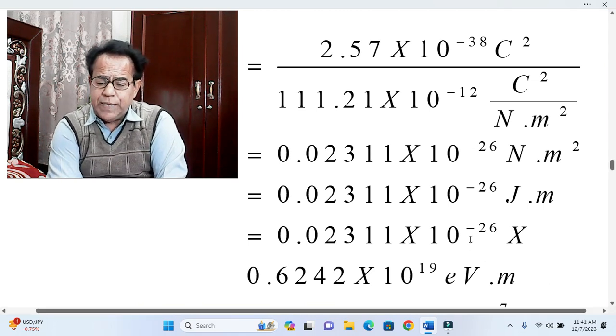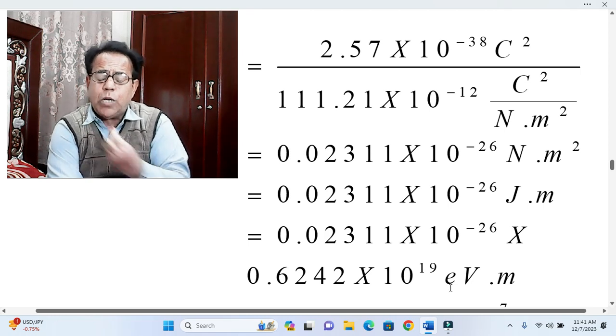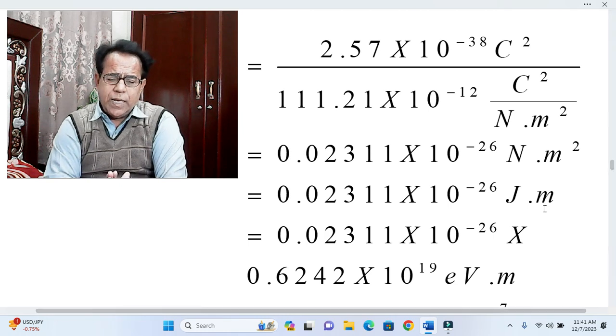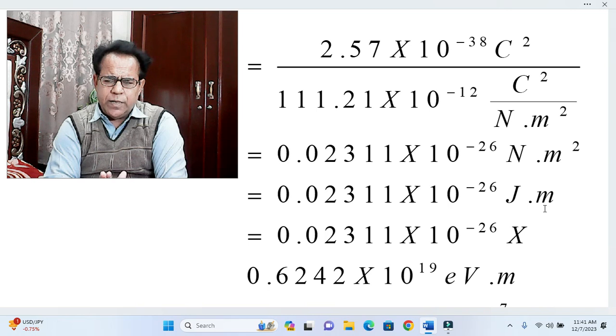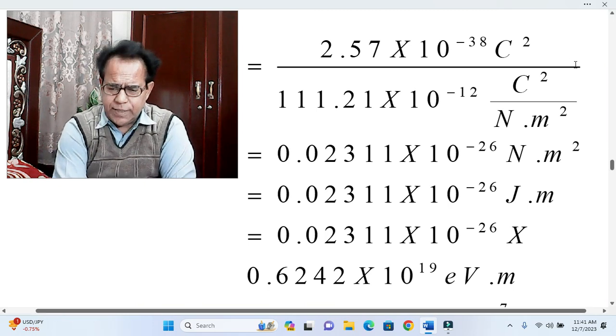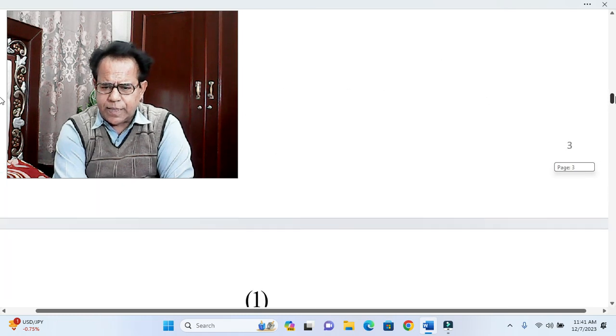Then, dear students, we have converted joule into electron volt according to the same formula which we had shown previously. In that table, at the end, it is given that one electron volt equal to 1.602 into 10 raised to the power minus 19 joule. So for the time being, we once again go to that snapshot.